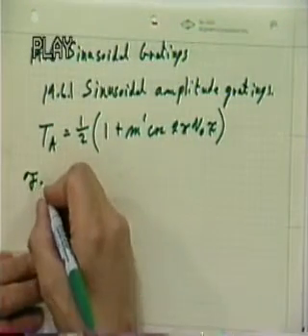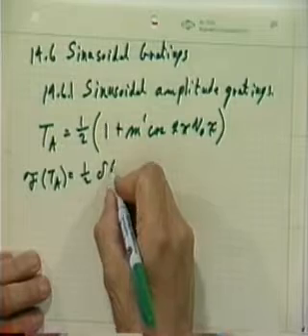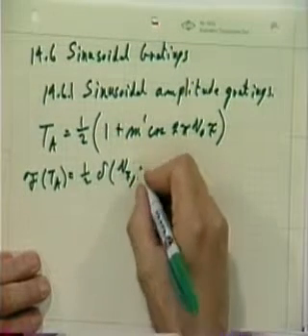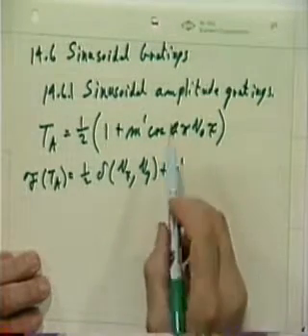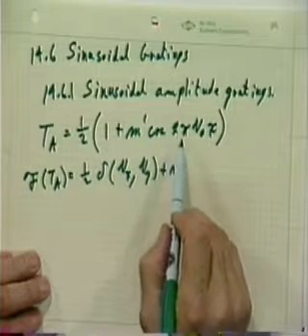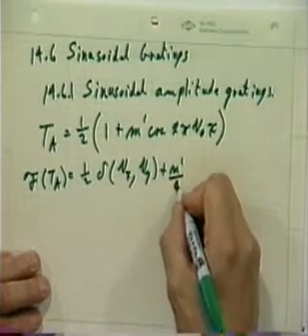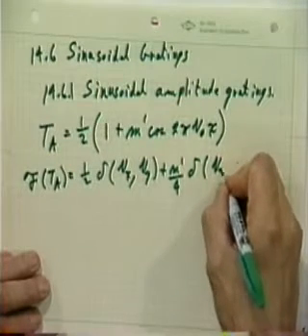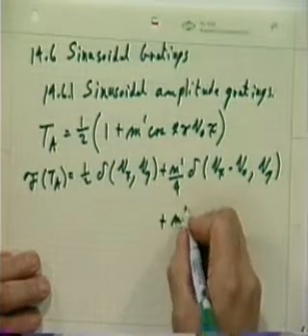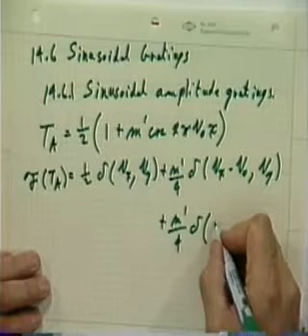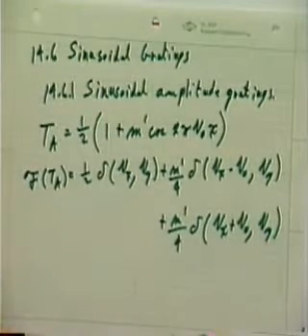If we take the Fourier transform, at 0 spatial frequency we get 1/2. Writing the cosine as e to the i and e to the minus i with a 1/2 out in front, we get m prime over 4 at frequency nu naught, and m prime over 4 at frequency minus nu naught: plus 1 and minus 1 orders.